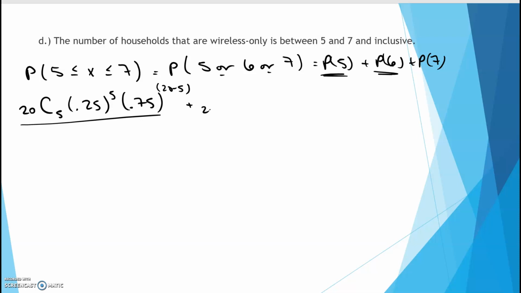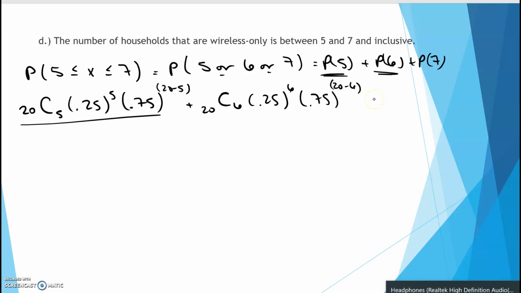So this is going to be 20 combination 6, 0.25 raised to 6, 0.75 raised to 20 minus 6, plus 20 combination 7, 0.25 raised to 7, 0.75 raised to 20 minus 7.